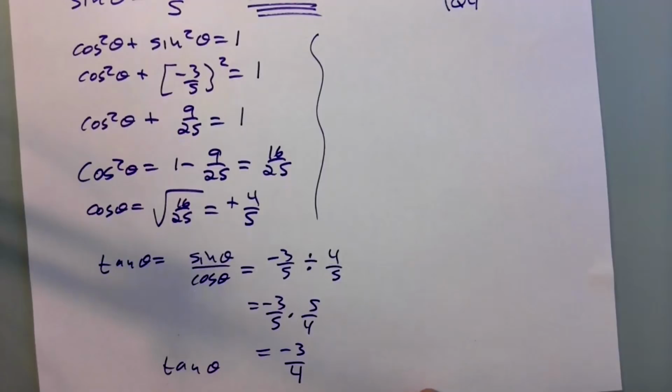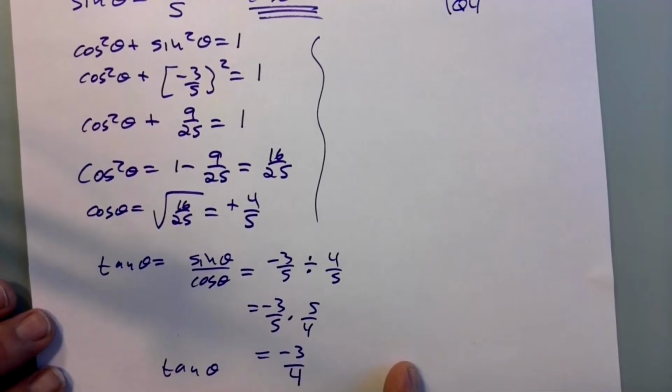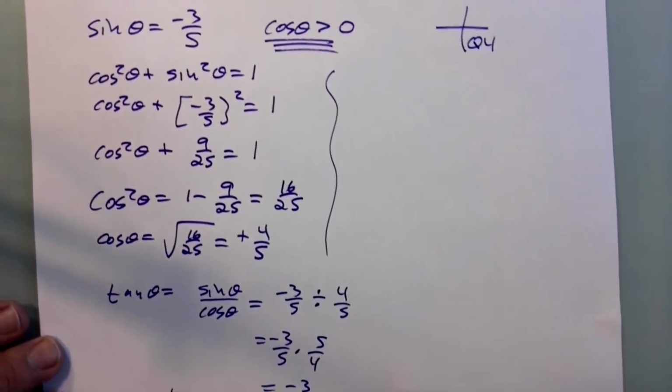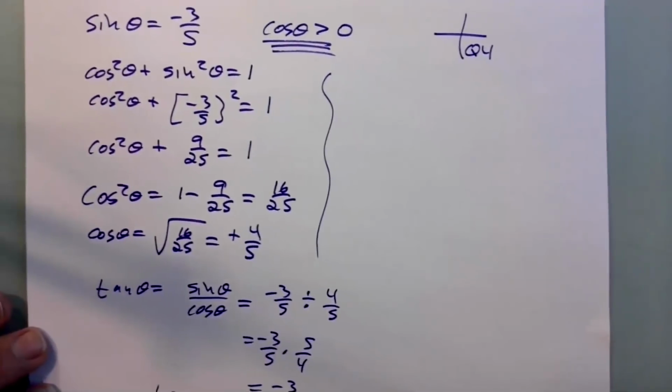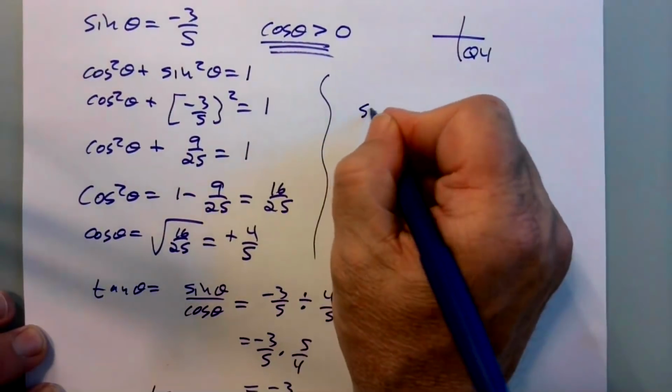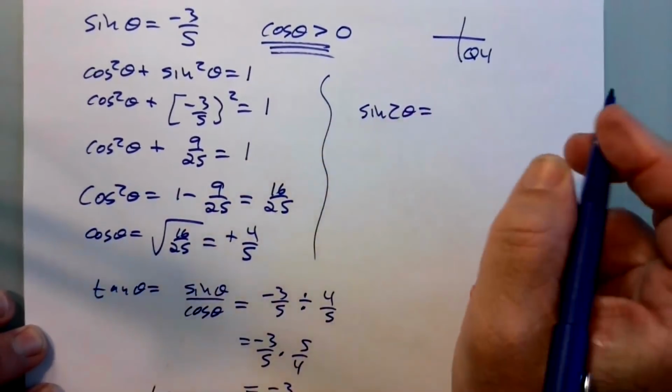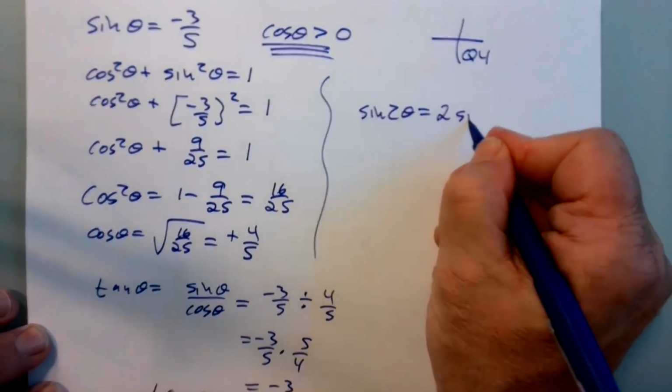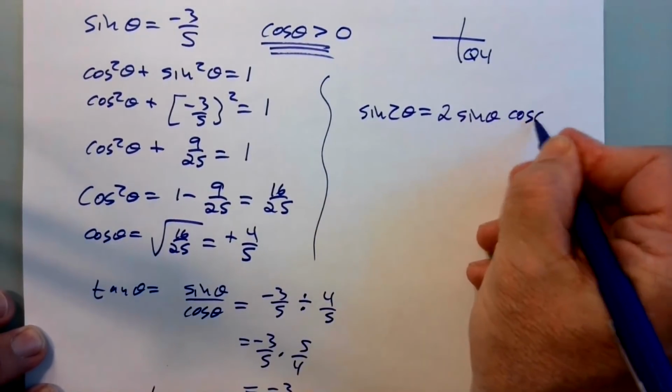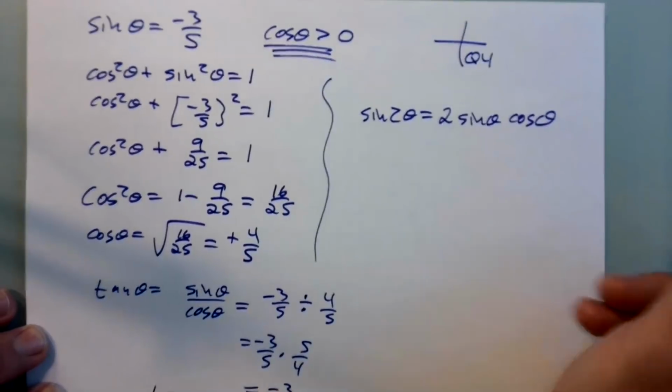And let's also take a look at sine of 2 theta. So we have all this information. We know what sine is. We know what cosine is. So this time I want to take a look at sine of 2 theta. We need the identity. Sine of 2 theta is 2 sine theta cos theta.